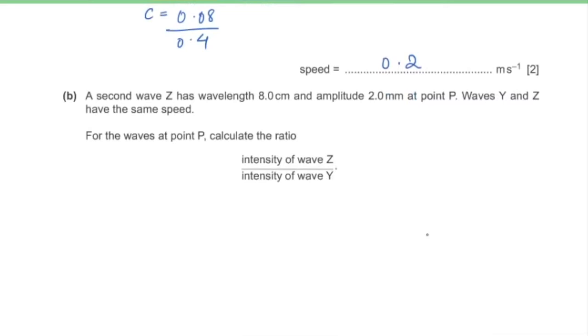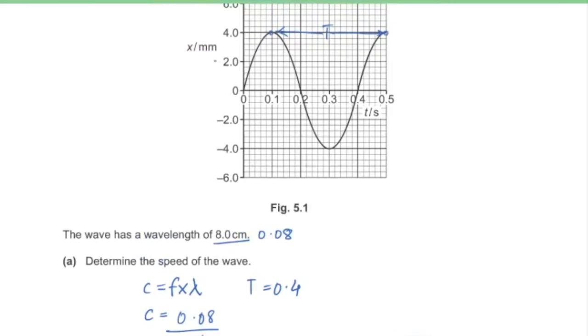Part B, a second wave Z has wavelength 8 centimeters and amplitude 2 millimeters at point P. Waves Y and Z have the same speed. For the waves at point P, calculate the ratio intensity of wave Z by intensity of wave Y. So intensity is directly proportional to amplitude squared. So amplitude of wave Z is 2 millimeters and that of wave Y is 4 millimeters.